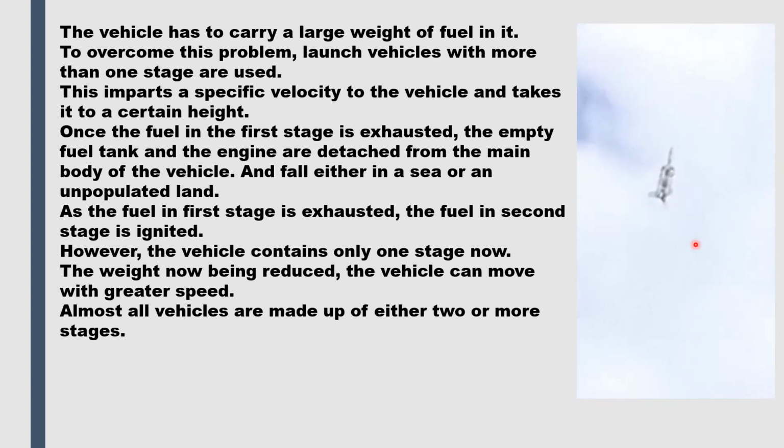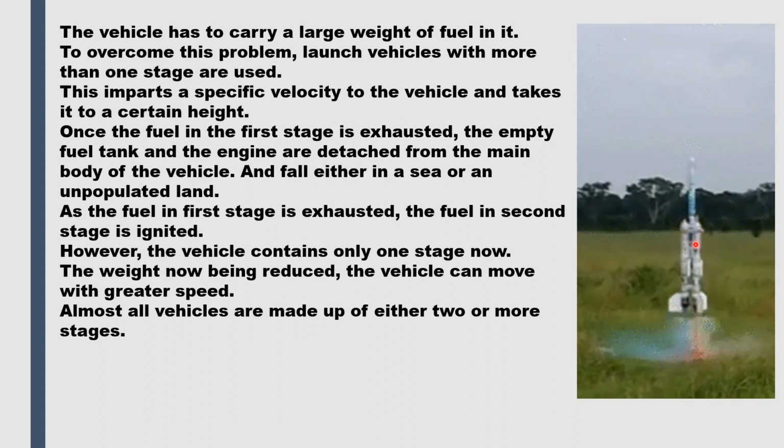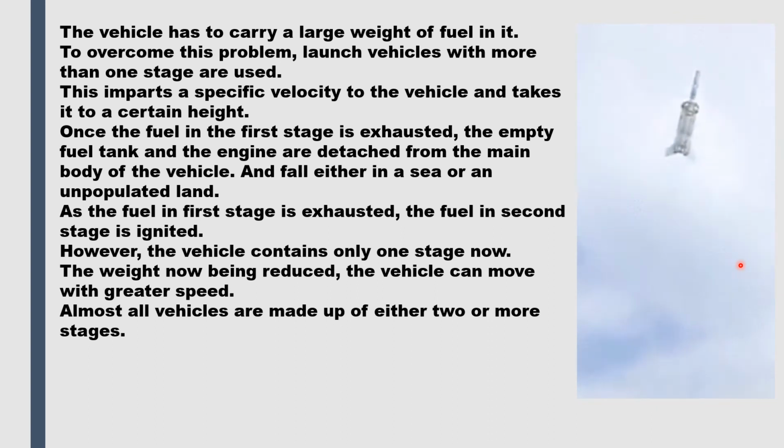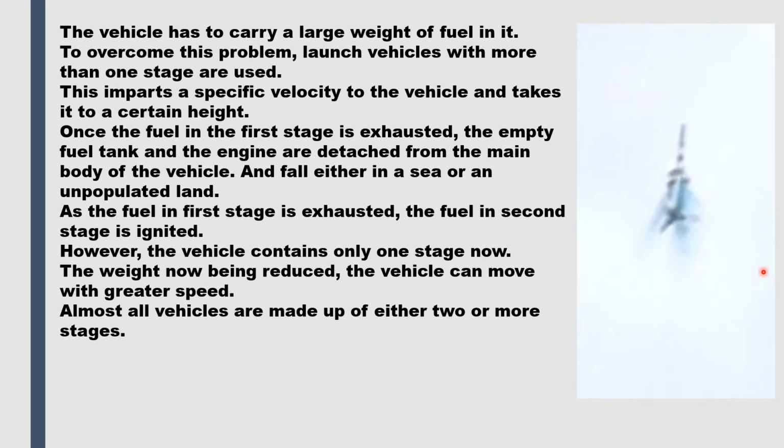The first stage is the heaviest part of the vehicle, because it has the largest rocket engines, the large fuel tanks which carry either the solid or the liquid fuel, and the highest thrust. So the task is to impart the initial thrust that is needed to overcome the Earth's gravitational force and to lift the total weight of the vehicle and the payload.